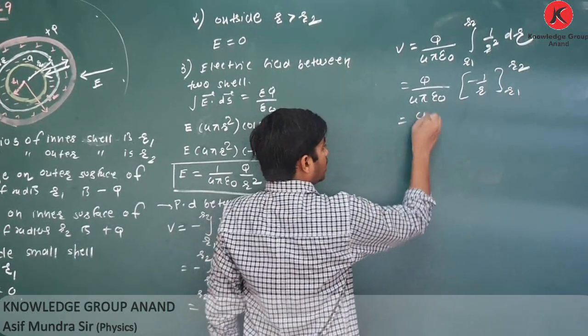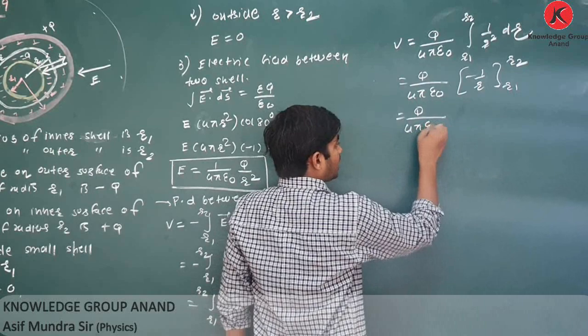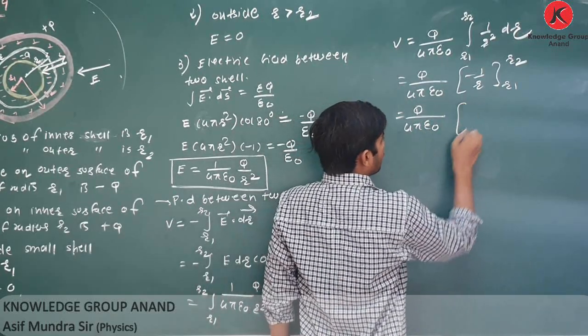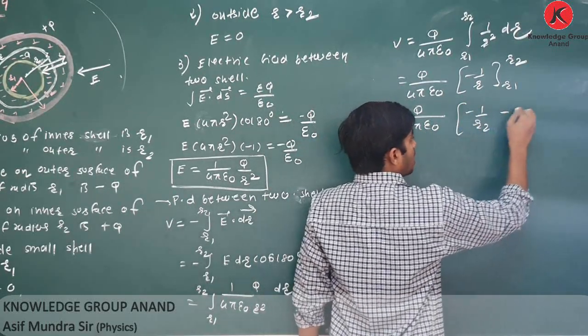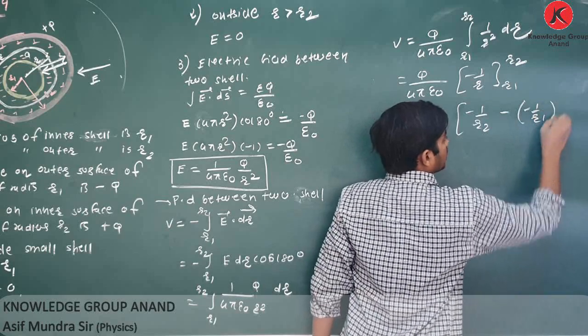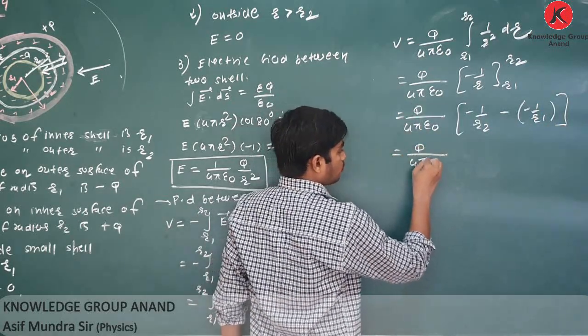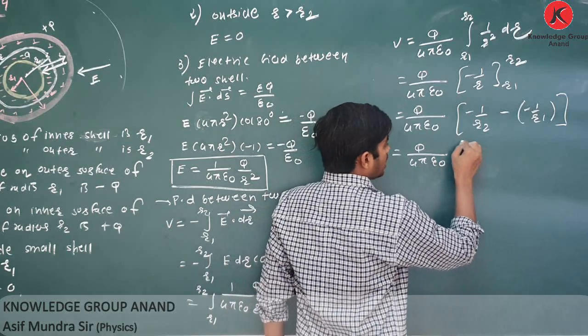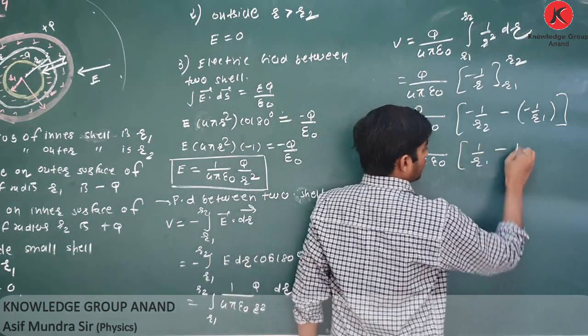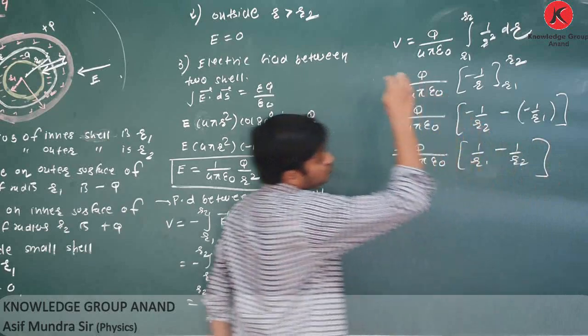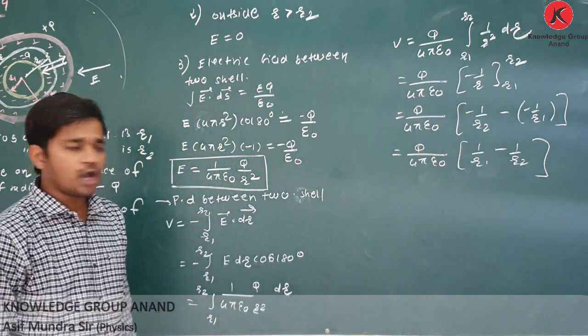Now put limits: q upon 4 pi epsilon 0 times minus 1 upon R2 minus 1 upon R1. So V is equal to q upon 4 pi epsilon 0 times 1 upon R1 minus 1 upon R2.